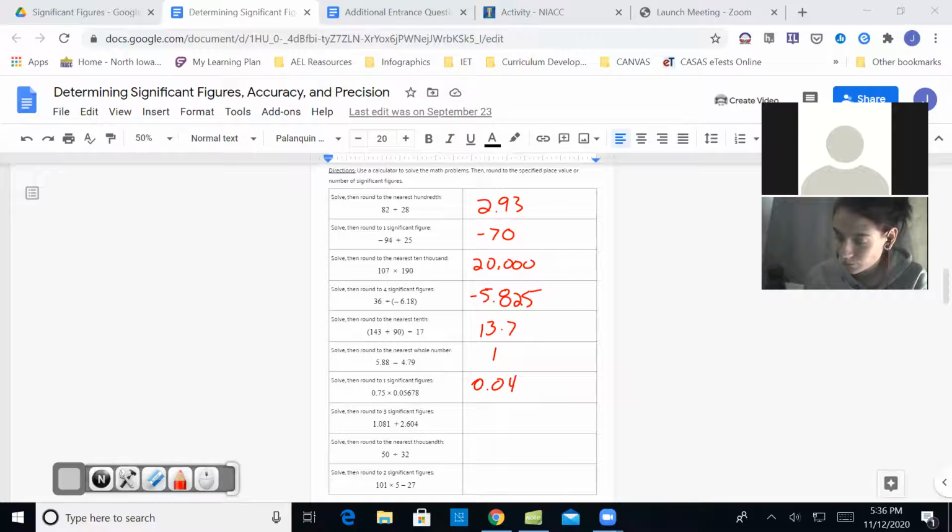1.081 plus 2.604. We're going to round that answer to three significant figures. 3.69. 50 divided by 32. We're going to round that to the nearest thousandth. 1.563.